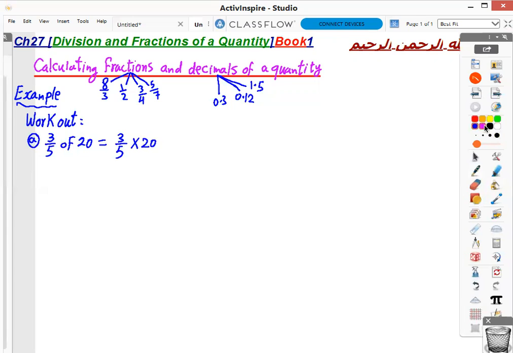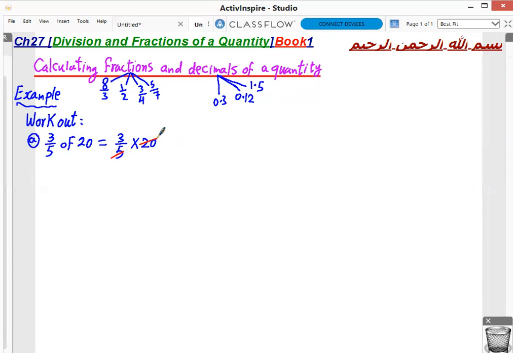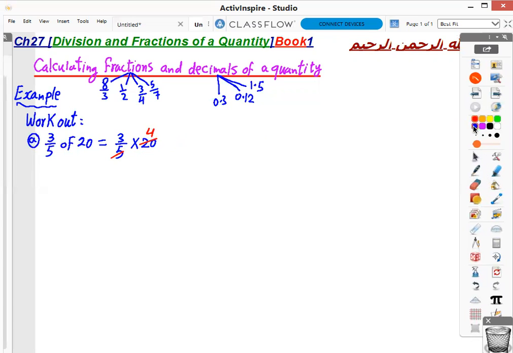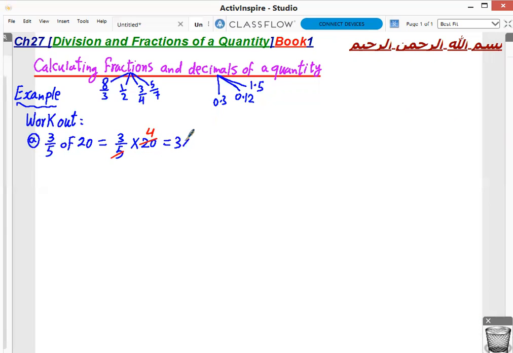You can simplify 5 and 20. If you divide 20 by 5, it will be 4. Then your answer will be 3 times 4.